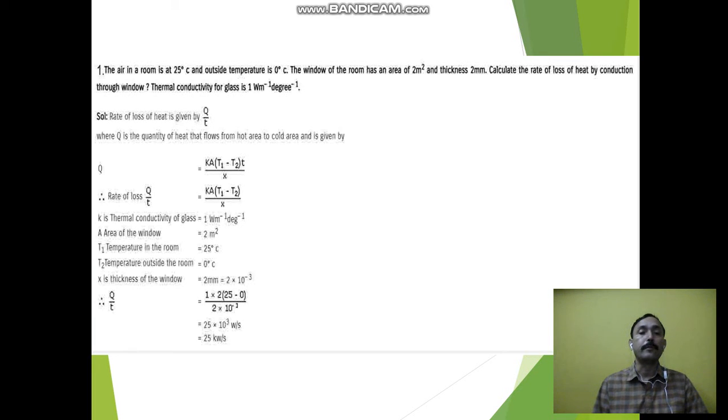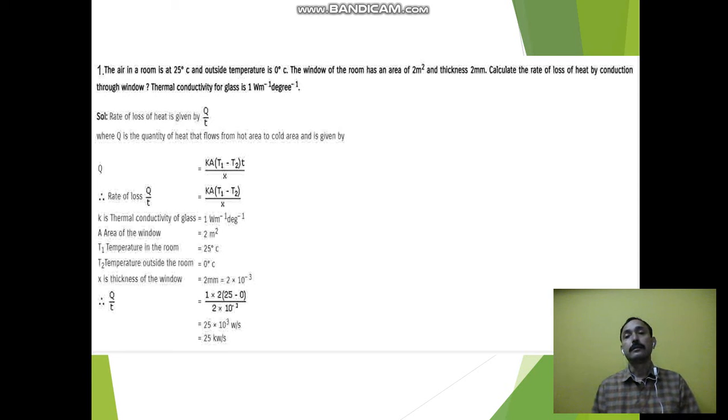Now let us do some numerical problems. The problem is: the air in a room is at 25 degrees centigrade and the outside temperature is 0 degrees centigrade. The window of the room has an area of 2 meter square and thickness is 2 millimeter.